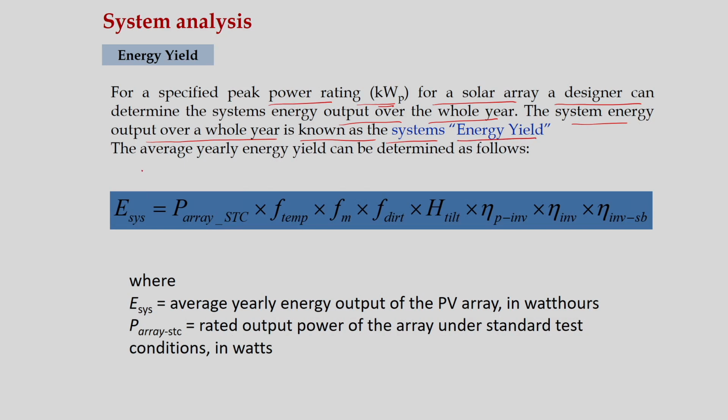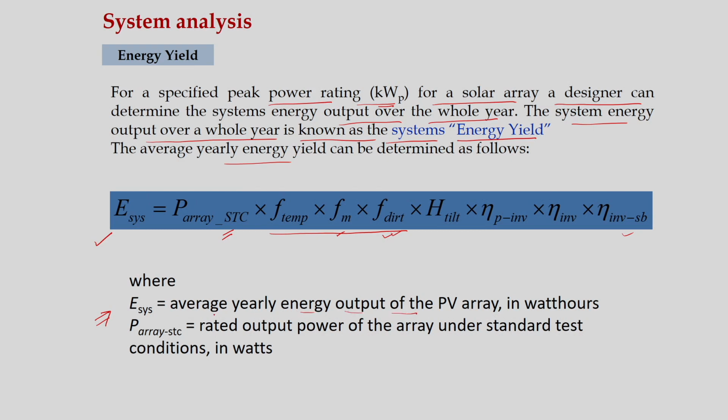So, this average yearly energy yield can be determined by using this expression. E_system is equal to P_array under standard test condition multiplied by these derating factors: temperature, manufacturing tolerances, then we have dirt, and these values will be discussed in the next slide. And already we know E_system is the average yearly energy output.